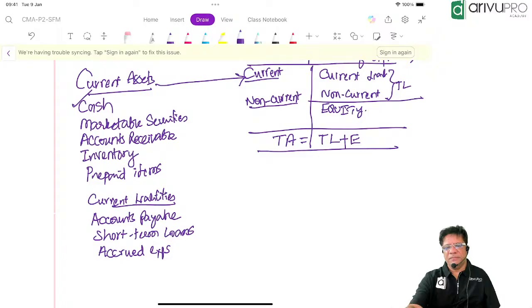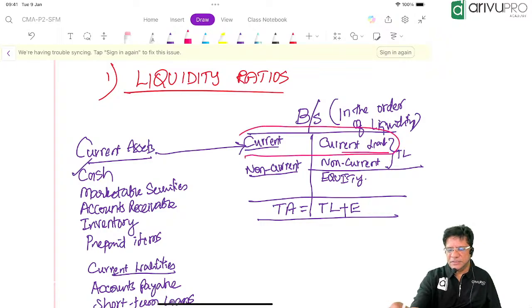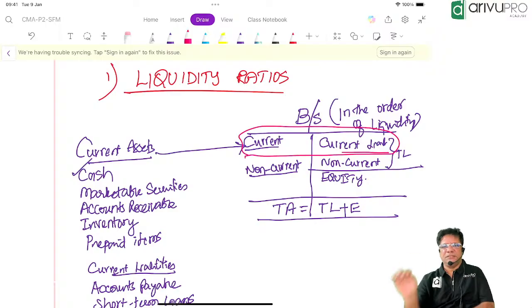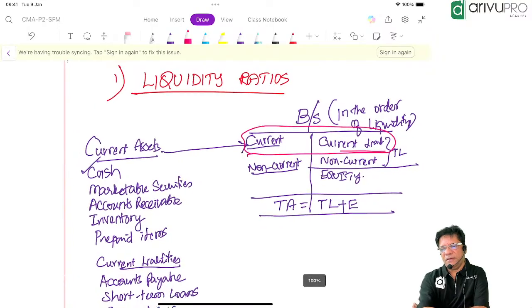Now, why I am telling you all these things is that our liquidity ratios come from here. We are analyzing this portion of the balance sheet. All the 5 ratios, when you see, are coming from the current assets and current liabilities sections.